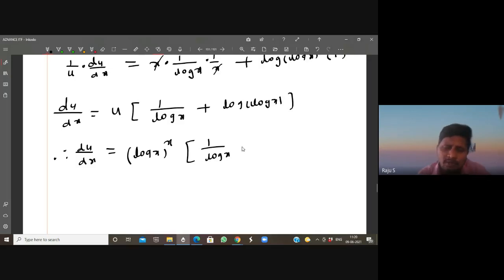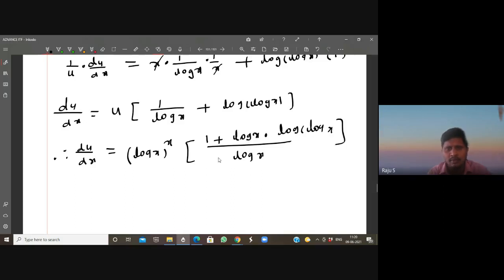Right. All of you want to check whether they are taking LCM or not. See, if you take LCM, what will happen here? You can do like this. If I take log x as LCM, 1 plus log x into log of log x.